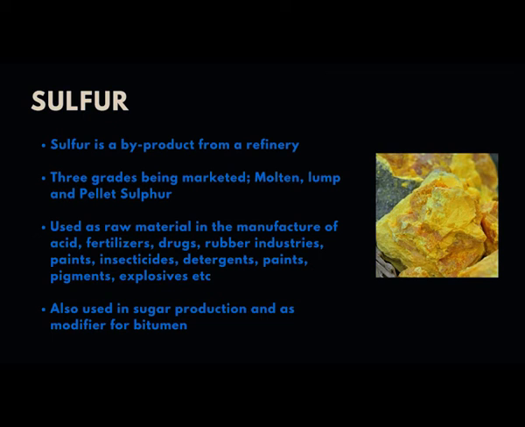That is why sulfur is a premium product, though it is considered an impurity in a refinery. Since it is obtained as a byproduct, it can also be sold effectively, giving a lot of money for the refining company. Sulfur is also used in sugar production and as a modifier for bitumen.